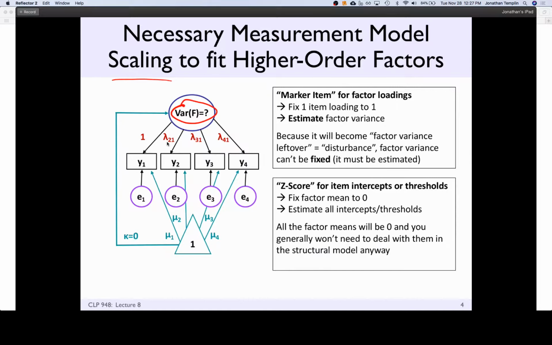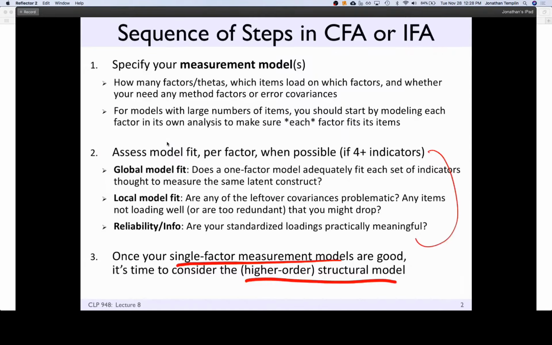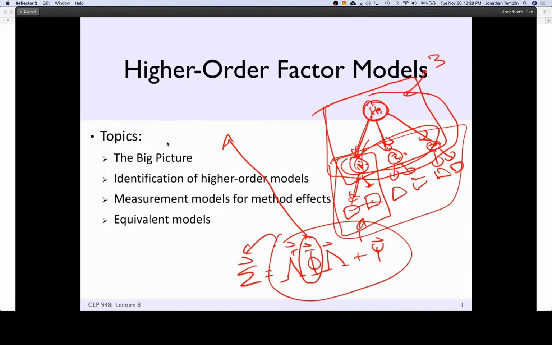We need that because if you think about what this higher order factor model is doing, this arrow is implying that factor 1 here is equal to some linear function like beta 0 plus beta 1 of the higher order factor plus error. So it's a regression line of the factor itself.